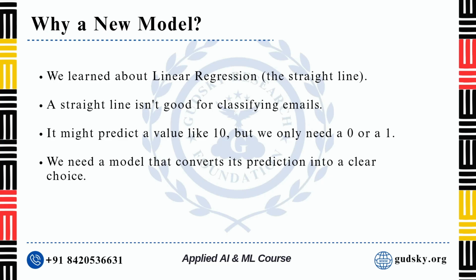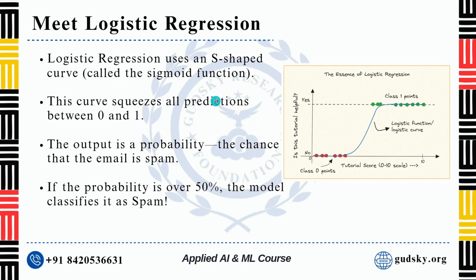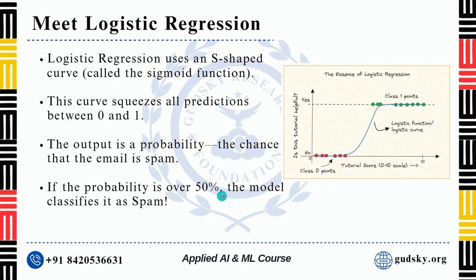For classification, we need a model that always gives an answer that is easy to interpret, especially an answer that looks like a probability, something between 0% and 100%. Moving forward, that's why we use logistic regression.